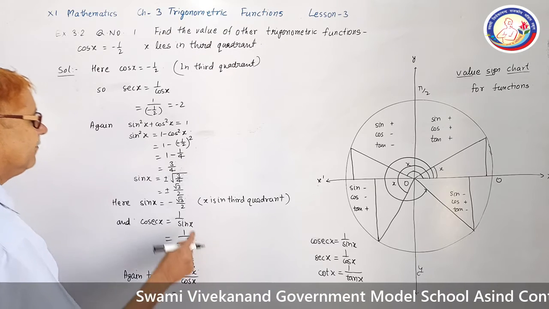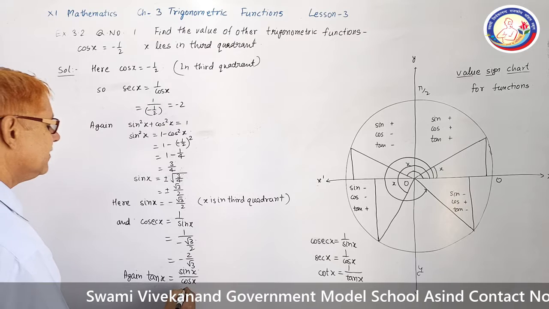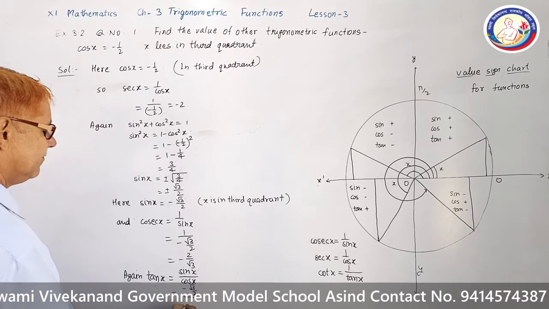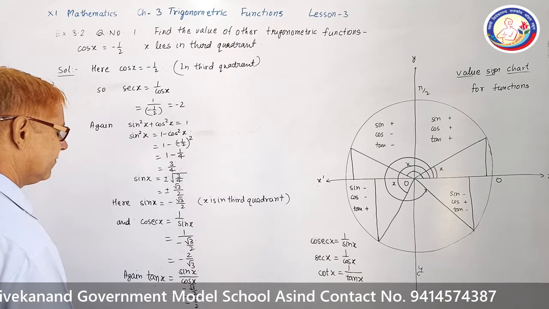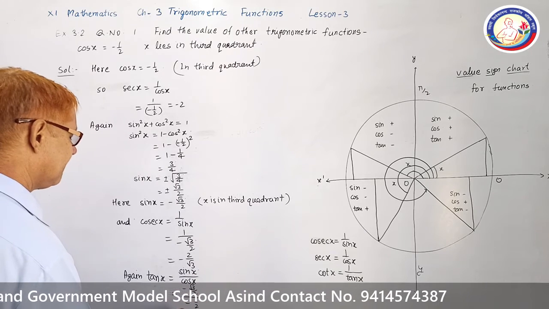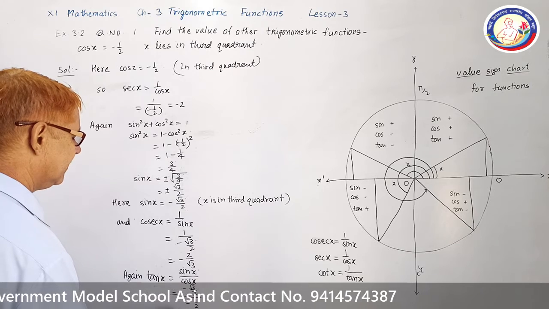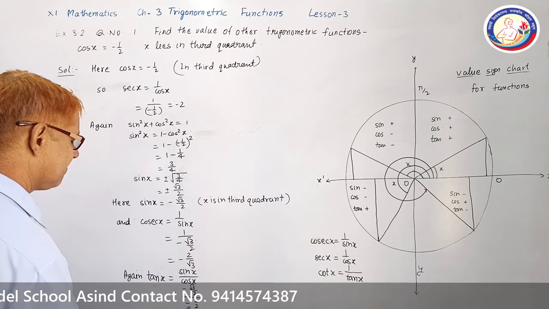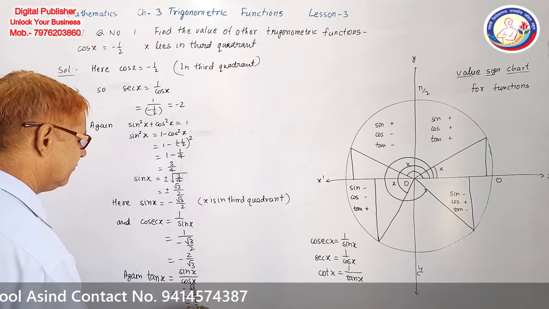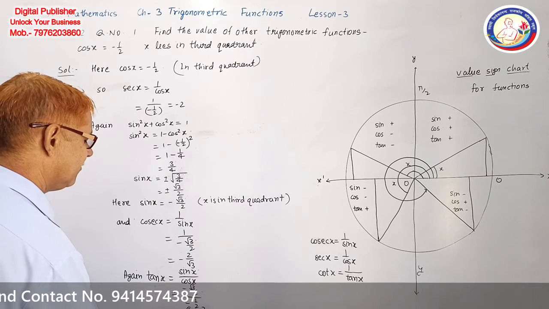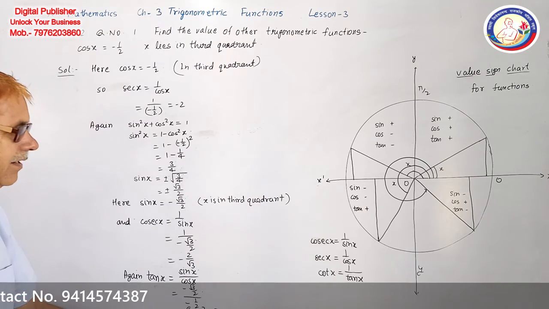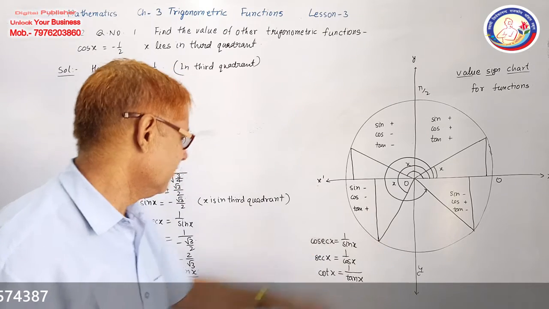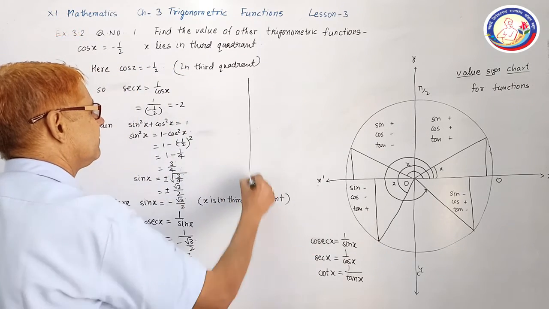The value of sin x is minus square root of 3 by 2, and that of cos x is minus 1 by 2. Minus cancels minus, square root of 3 by 2 into 2 by 1, that is square root of 3. It is positive, and it is obvious that in the third quadrant tangent is positive. Now what will be cot x?